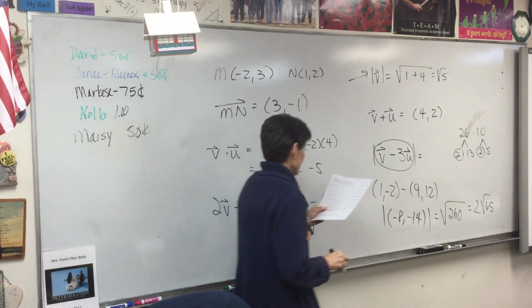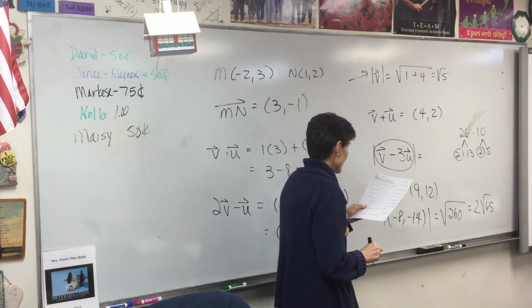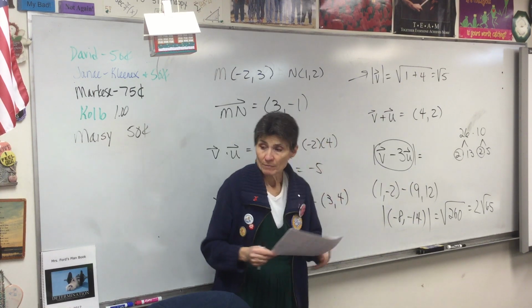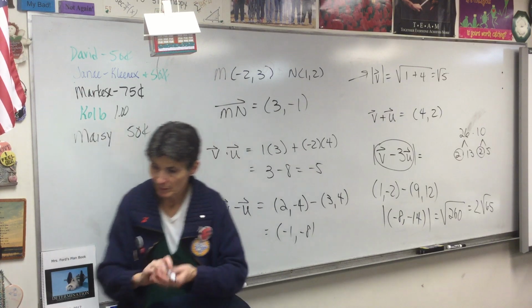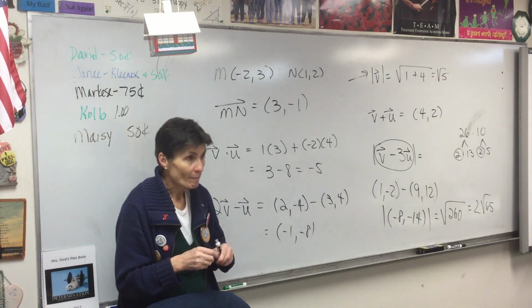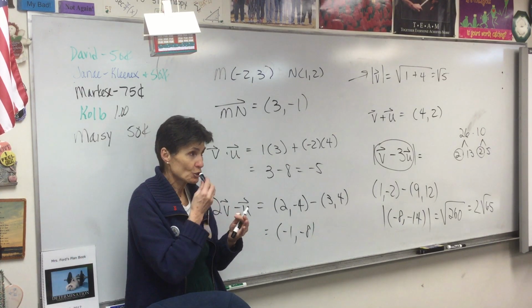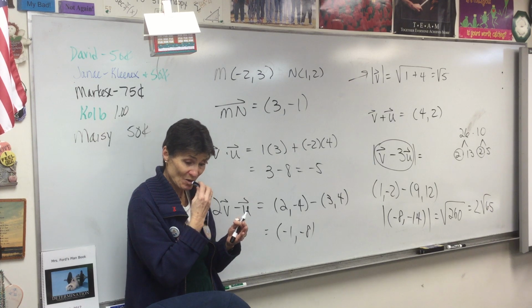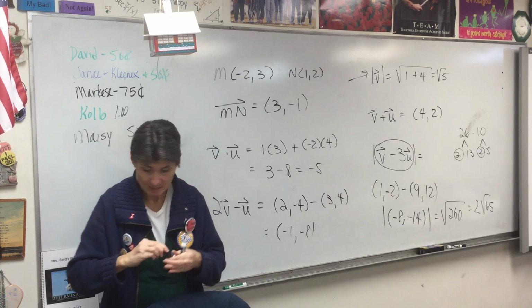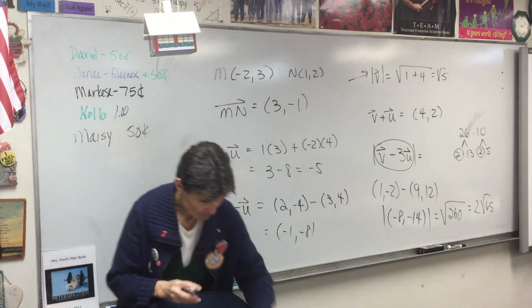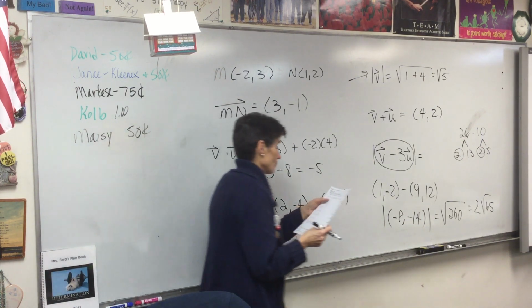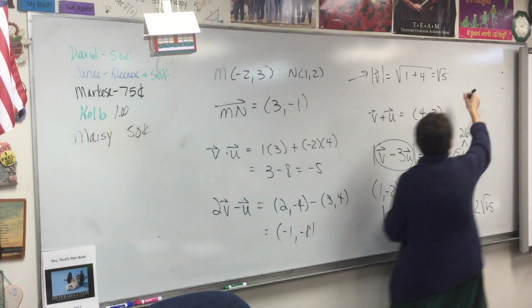And F is U minus V. Now, this is kind of mean of me. I did U minus V. So make sure you're doing them in the right order. U minus V. Okay? So here we go. 3 minus 1.